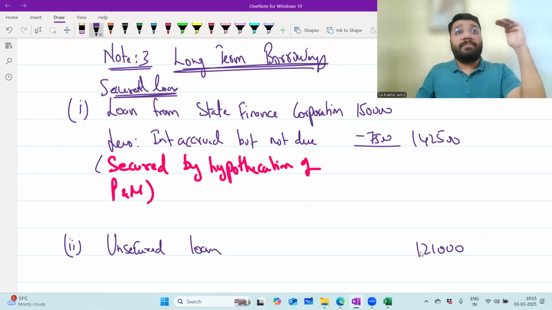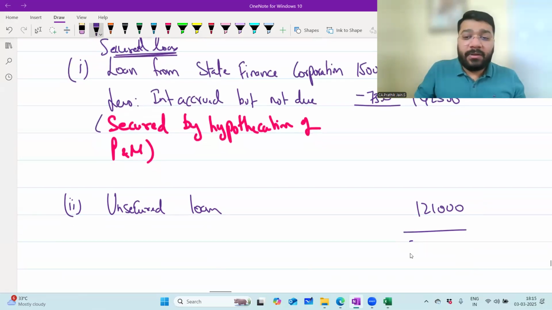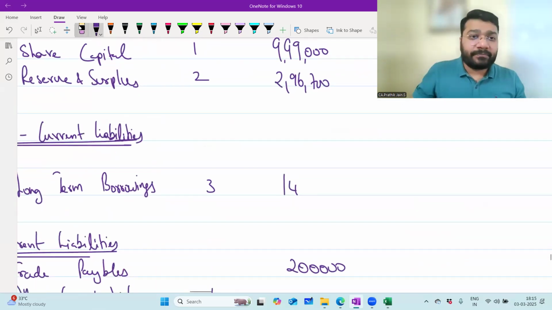Had they told you the breakup of the unsecured loan, that the loan is coming from so and so person, then below that you would give it in the description. But nothing is mentioned, so unsecured loan is equal to 1,21,000. So what is the total? 2,63,500. Please take it in the outer column of the main balance sheet. 2,63,500.